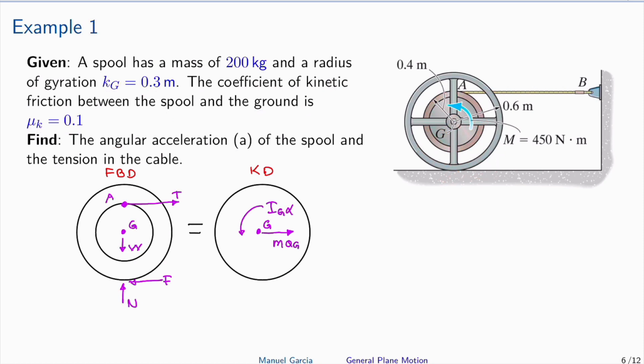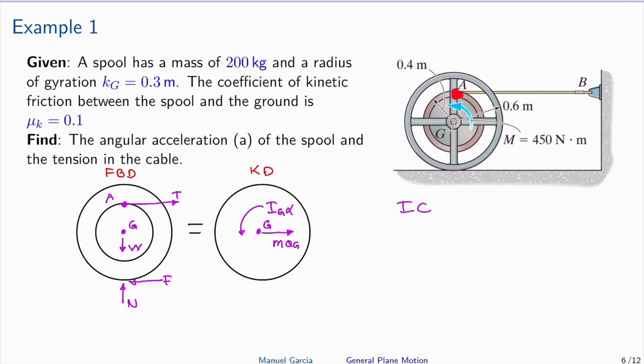Now, the first thing that we should notice is where the instantaneous center of zero velocity, the IC, is for this case. In a normal wheel that is non-slipping, the instantaneous center of zero velocity is located between the wheel and the surface, but there is slipping here, so this is not zero velocity.